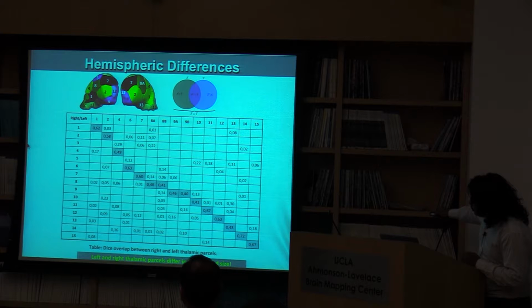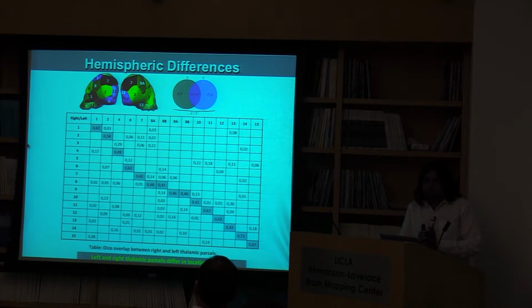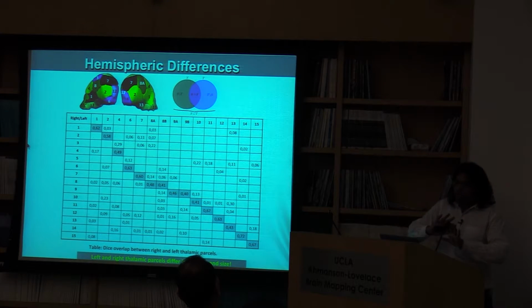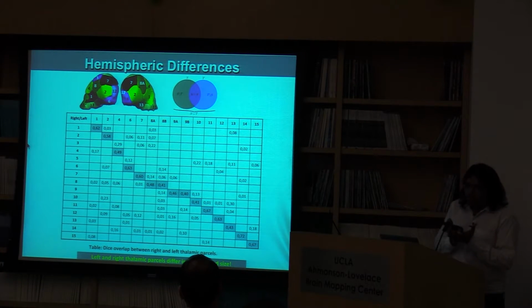Parcels 8 and 9 have 2 left subparcels, and others also vary considerably. This is very interesting because in thalamic histology, laterality differences have been ignored, and it has been presumed that the thalamus possesses a mirrored representation in both hemispheres. Therefore, the question arises, why do these differences occur?